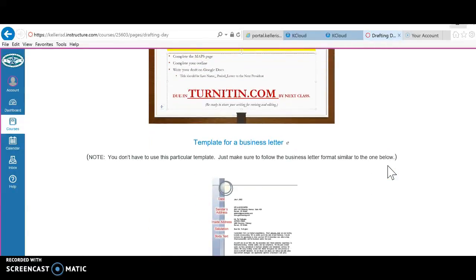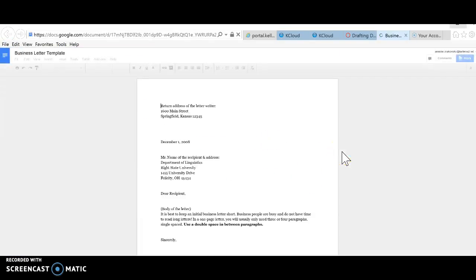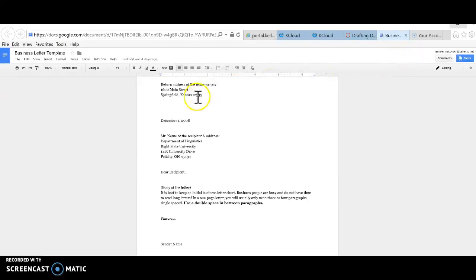So it does need to be in business letter format. You can use this template if you want to, or you can just use this. Now, some people like to do templates and other people don't. This is just a template that I put on my Keller ISD account. Make sure that you save it, you rename it and save it as.